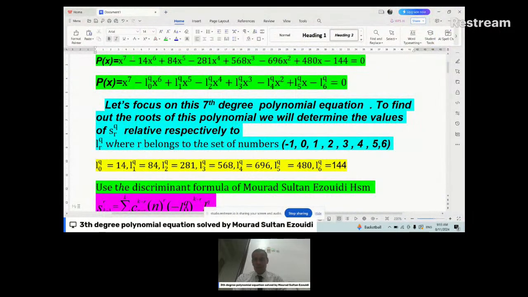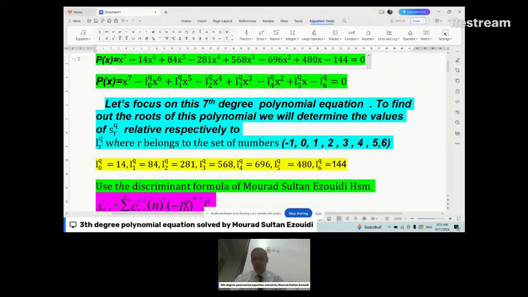This is new, so it will be x cubed here. I'll change this one: x cubed minus 4x squared plus 6x minus 4 equals 0.